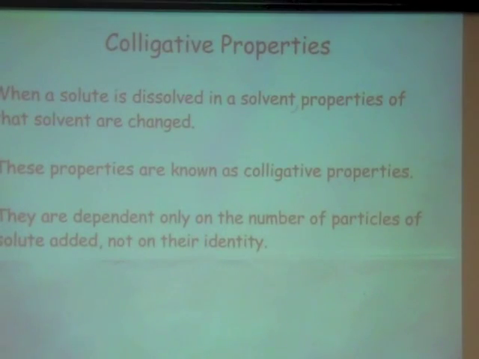They are dependent only on the number of particles of solute added, not on the identity of the solute. And what that means is that this is not a chemical interaction that we're talking about. This is a physical interaction that's going on between solute and solvent.